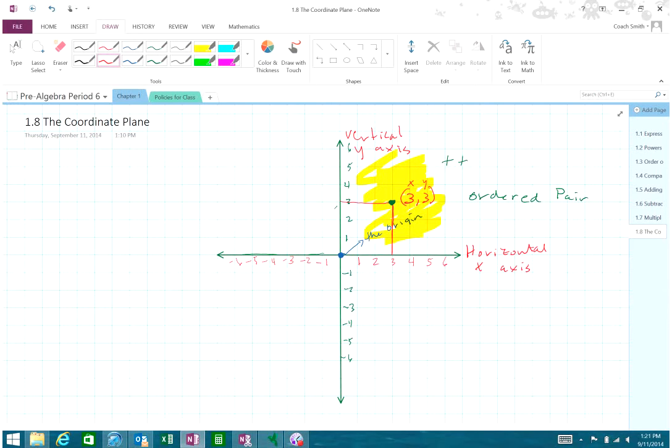So let's look at another one on another part. Let's say we were right here. Okay, we'll call this point B. Okay, they want to know the coordinates of point B, or the ordered pair that makes up point B. Well, to do that, we must see where it crosses the y-axis, crosses the y-axis at 2, crosses the x-axis at -6.